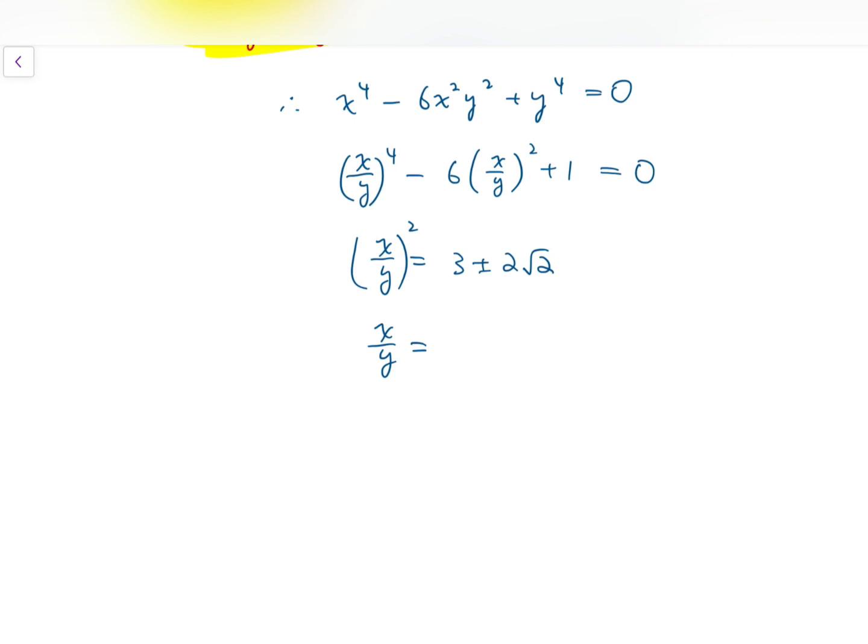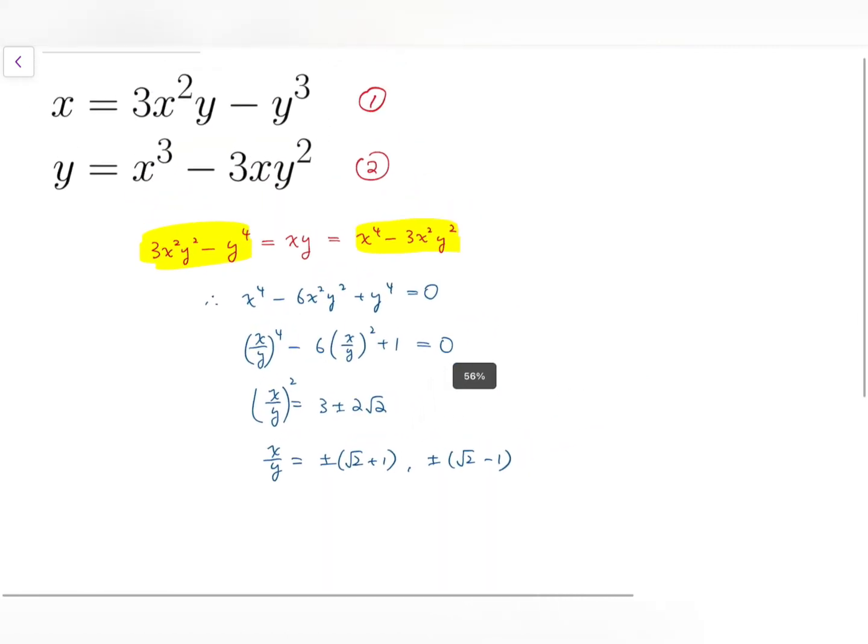So this ratio x over y can be either plus or minus root 2 plus 1 or plus or minus root 2 minus 1. So there are many of them, and there are many cases to settle. So this is not my ideal approach to this problem.